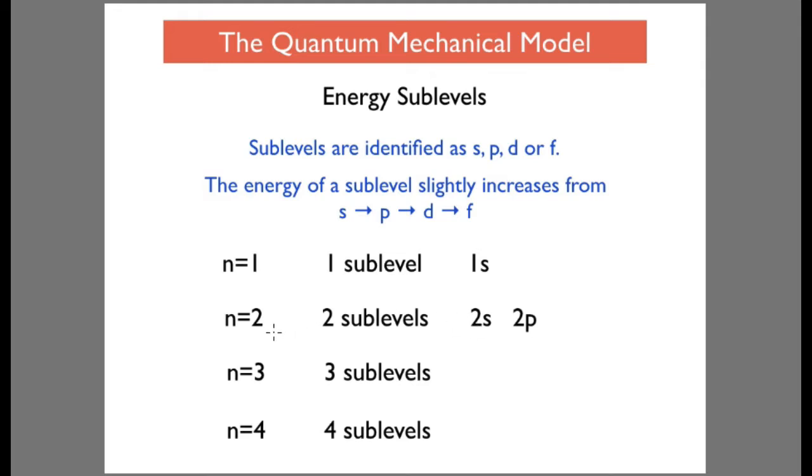The 2 stands for the second energy level, and the letter is for the type of sublevel. The third energy level, which has 3 sublevels, has 3s, 3p, and 3d. And the fourth energy level has 4 sublevels, 4s, 4p, 4d, and 4f.